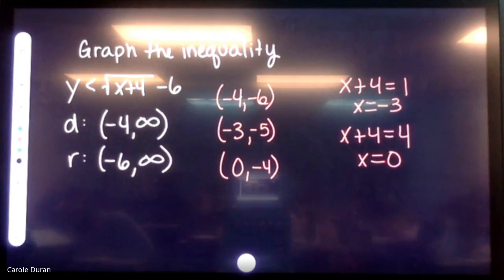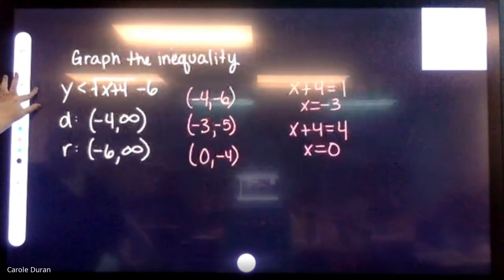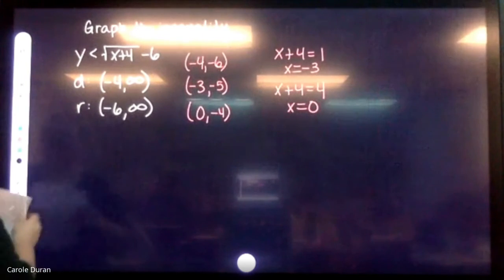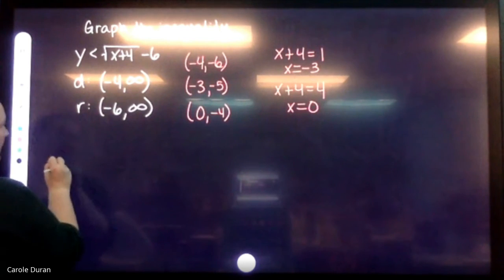Okay, so now I'm just going to graph this like normal, except for one difference. What is that difference going to be? The dotted line. Am I using a dotted line or a solid line? Dotted because it's a single inequality. So that means when I go to graph this, it's not going to be a solid curve. So I draw my plane.